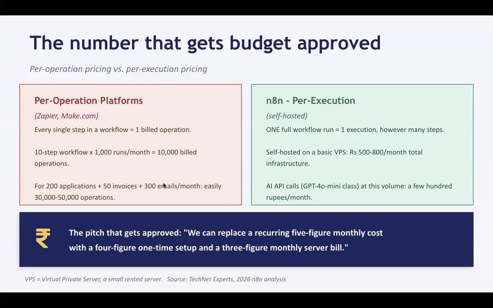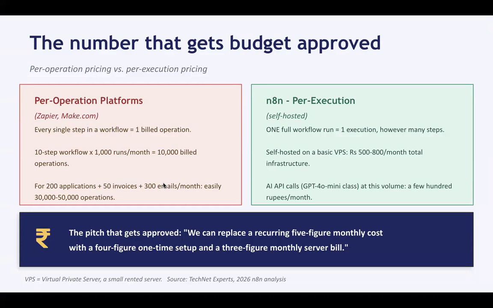N8N is a per-execution platform, which means it charges every time you run your workflow completely. However many steps it has, it counts as one execution. A self-hosted N8N instance running on a virtual private server, a small rented server, would cost maybe 500 to 800 rupees a month in India, and it can replace what would cost maybe $500 on a per-operation platform.